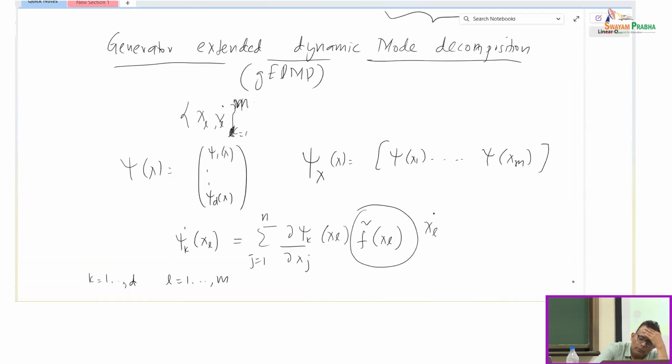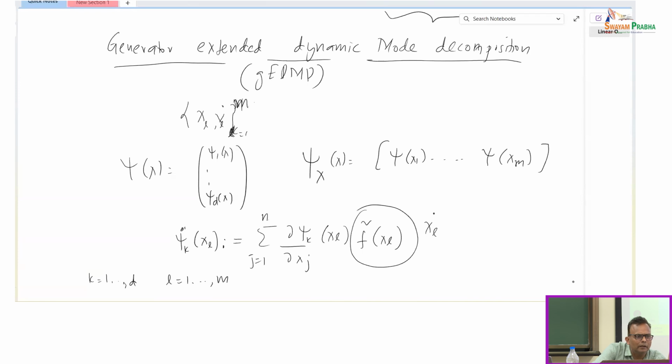Okay, so you have the lifting functions psi1 to psi d. Now you compute psi k dot. I mean, I should call it a definition rather than a computation. So this psi k dot is defined as partial psi k partial x j. Since you know psi k, I can compute the derivatives. I can evaluate the derivatives at the data point x l because I know x l. And then f tilde. What is f tilde?